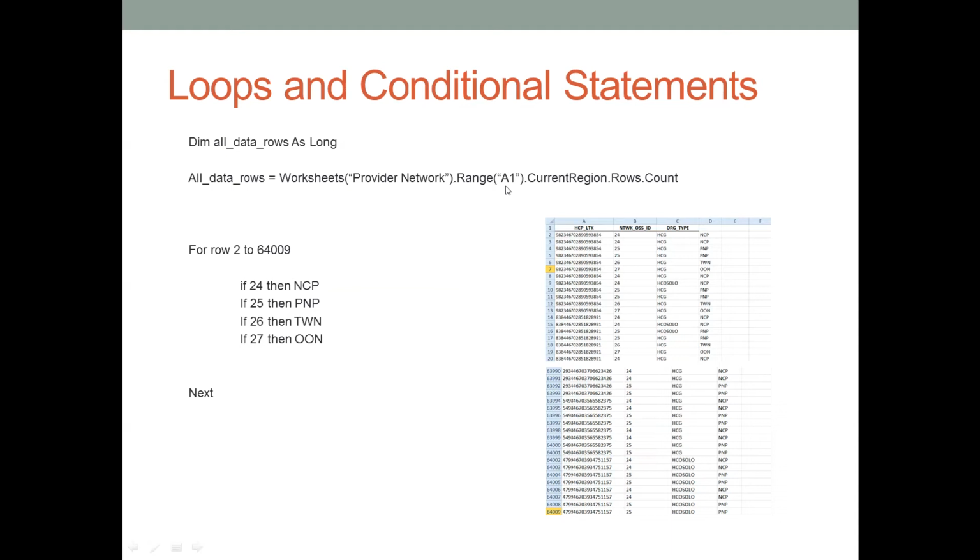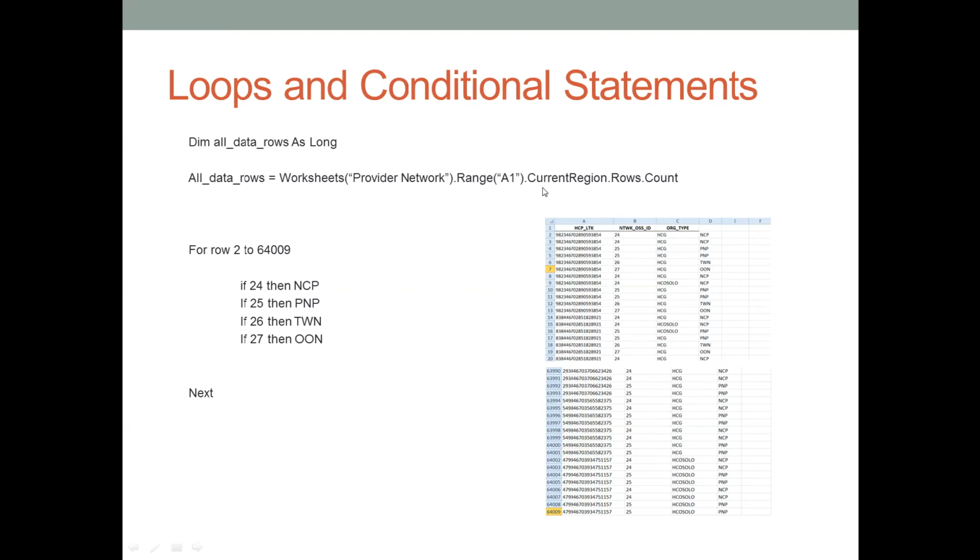We're going to be starting with range A1. So we're going to kind of queue into A1 here. And then the only thing new is this chunk right here, but this is pretty intuitive. Dot CurrentRegion, so this is a region of data, current region of data, dot Rows, that makes sense, and dot Count.